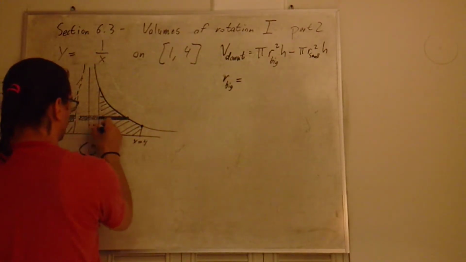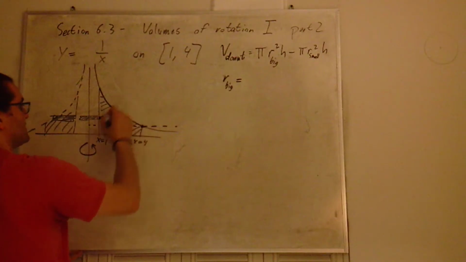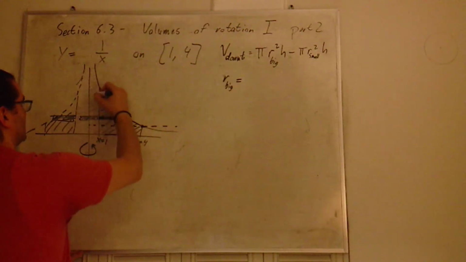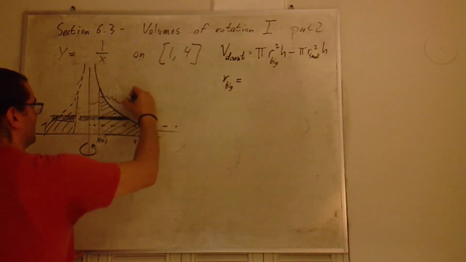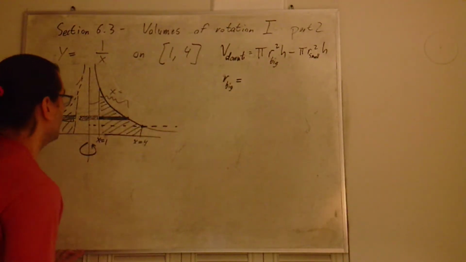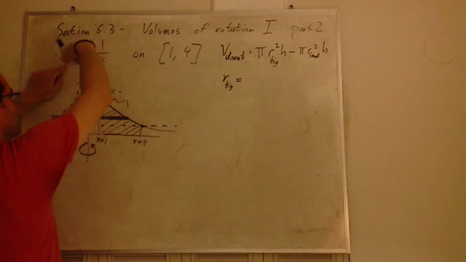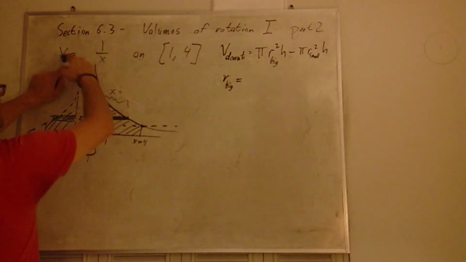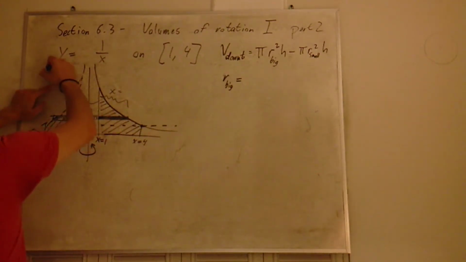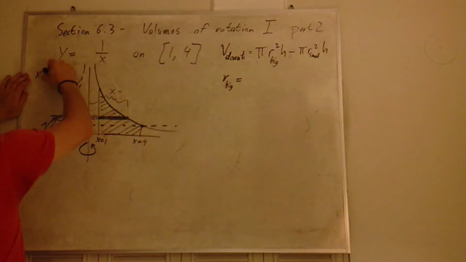At this particular y value, something weird is going to happen. But for most of this, the radius of the big cylinder will be an x value, and we're going to have to flip this function around to get it. So if y equals 1 over x, then you can flip everything upside down, and x equals 1 over y.